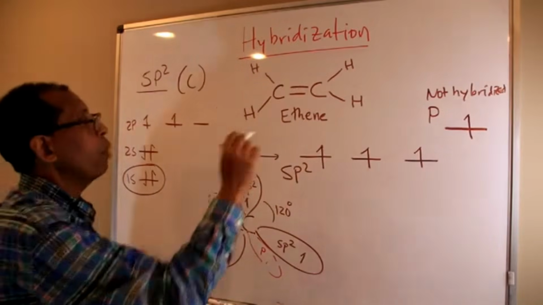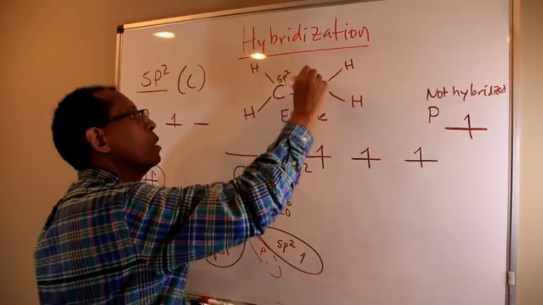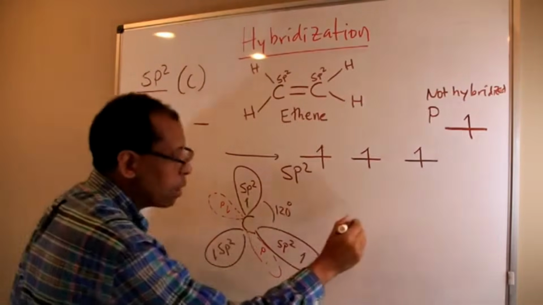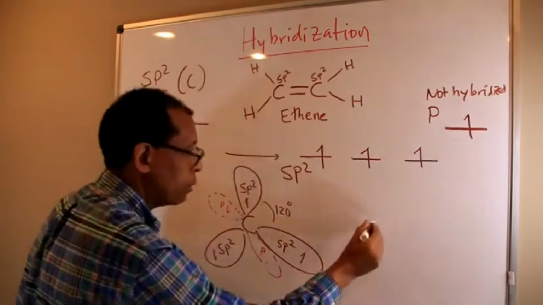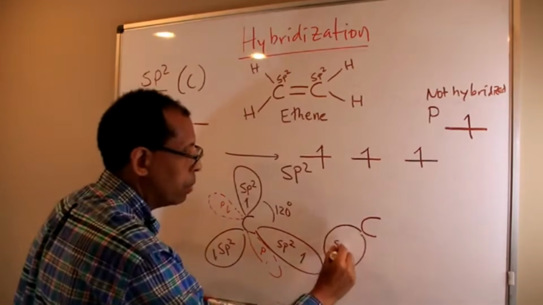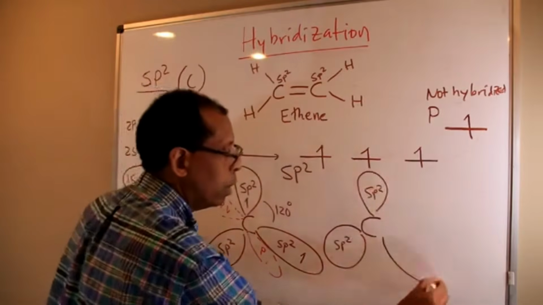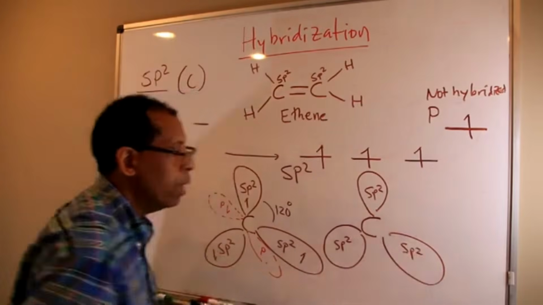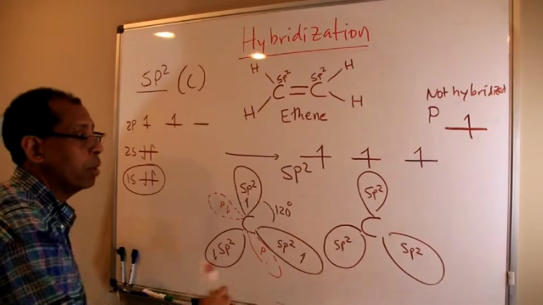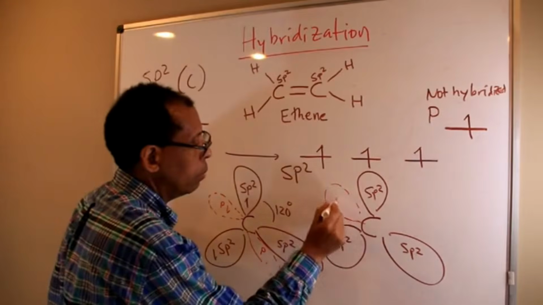So suppose this carbon is an sp2 hybridized carbon. Actually it is an sp2 hybridized carbon, exactly like this. If I make another one exactly like this, C, sp2 hybrid orbital, and still 1 p orbital remains unhybridized on this carbon as well, exactly like p.